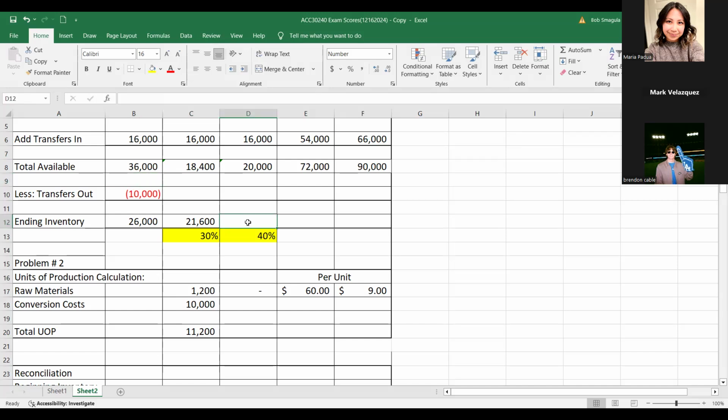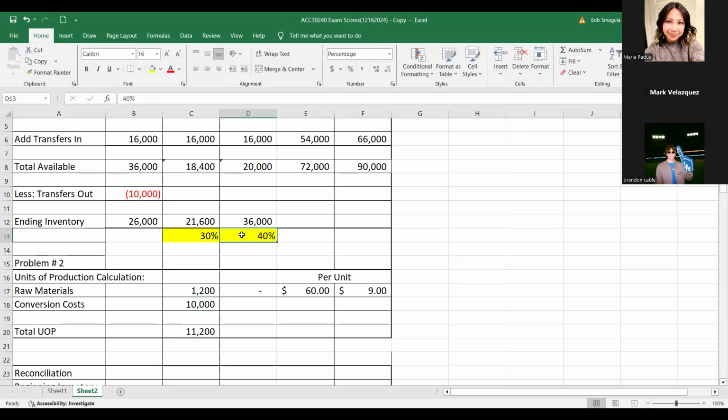Same thing with the conversion. That was $9. So we're going to go plus 9 times the units in the, I'm sorry, the units in the conversion times 40%.